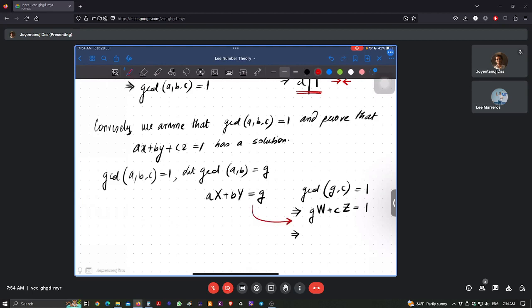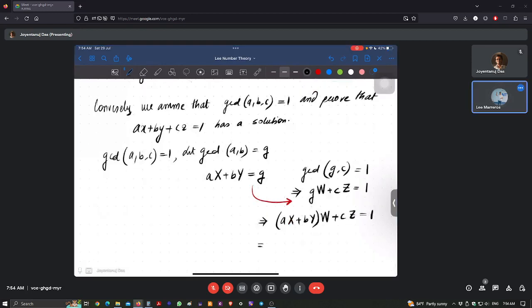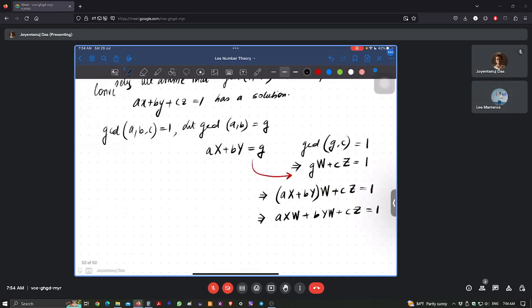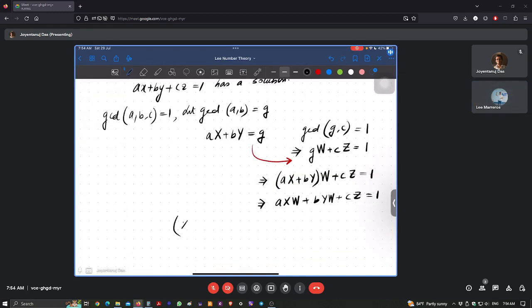So what I'll have is (ax plus by) times w plus cz equals 1. So I have axw plus byw plus cz equals 1. So xw, yw, and z is a solution to my equation.